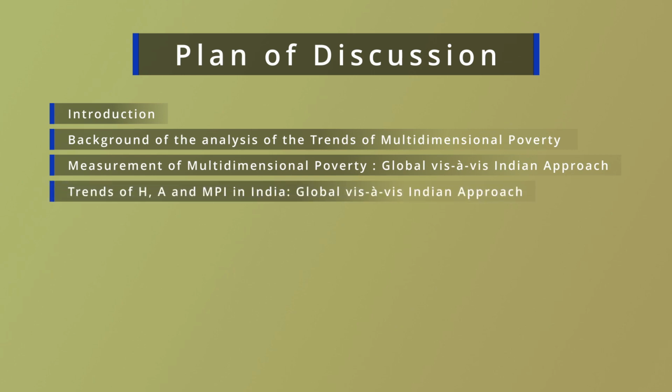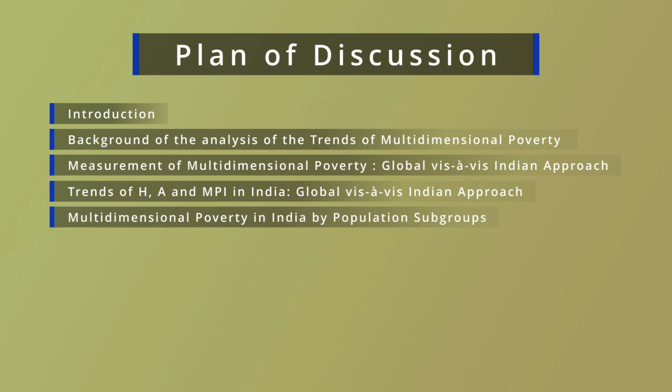Section 4 covers the trends of the measurement of multidimensional poverty in terms of H, A and MPI. Section 5 explains the dynamics of multidimensional poverty among different subgroups of the population. And finally, Section 6 makes some concluding observations.